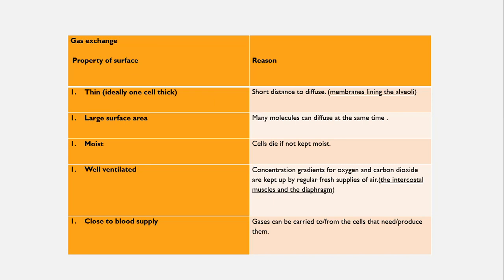So these gases diffuse across their concentration gradient, from the area of high concentration to the area of low concentration. Oxygen is higher out of the body in the environment and lower inside the blood.